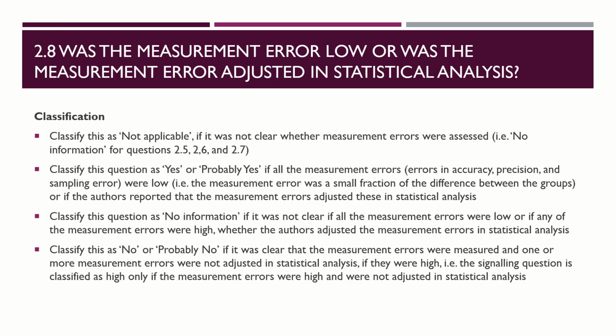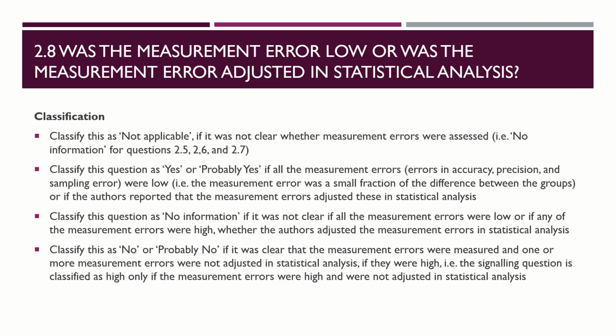Or if the authors reported that the measurement errors were adjusted in statistical analysis, then you would say yes or probably yes. Classify this question as no information if it was not clear if all the measurement errors were low or if any of the measurements were high.